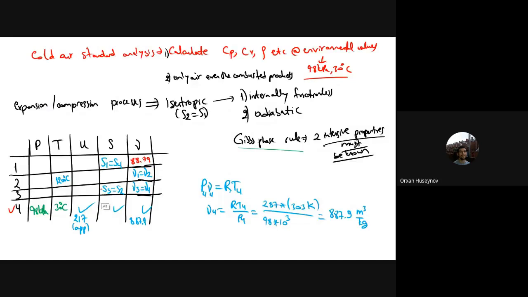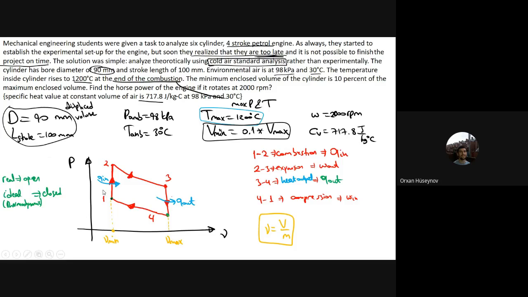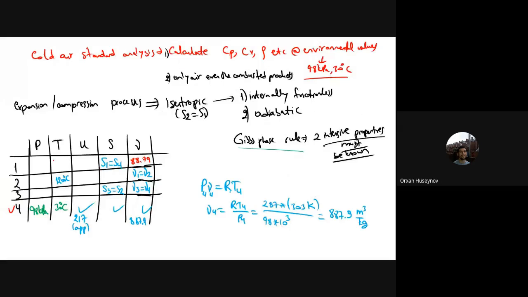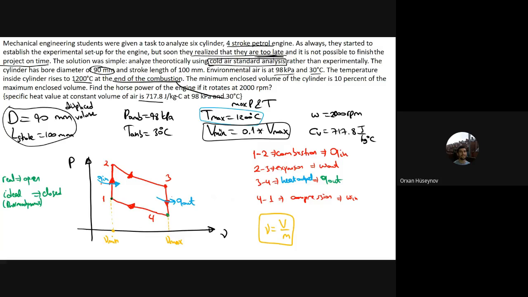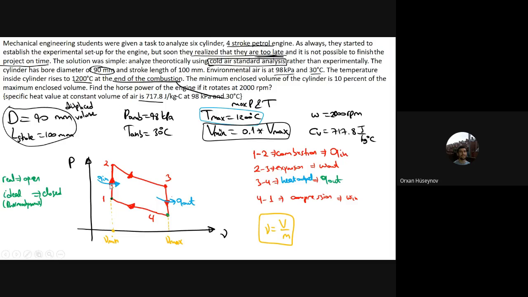The temperature at state 1 with that relationship will become, let me see, 444.1 degrees Celsius. That's the temperature for state 1. And it rises to, it's not 1400s, actually it is 1200s.